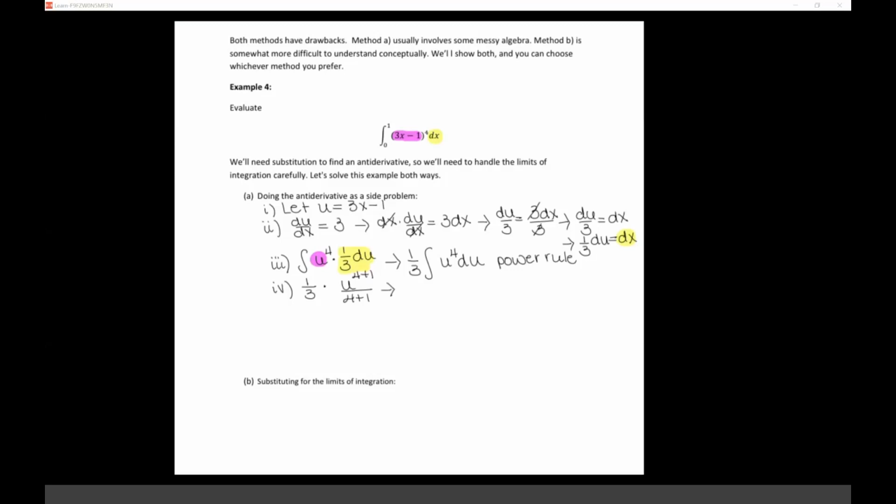So this is 1/3 times u to the 5th over 5. You can think of the plus c as there, but I'm not going to need it because I'm doing a definite integral. I'll put it there so you know I'm not just forgetting it.